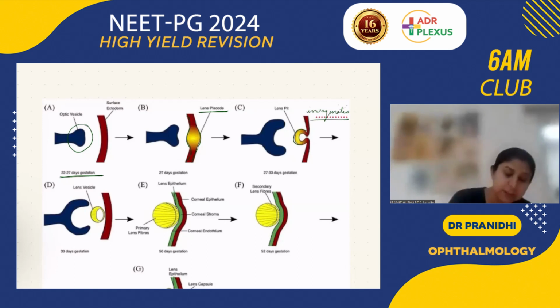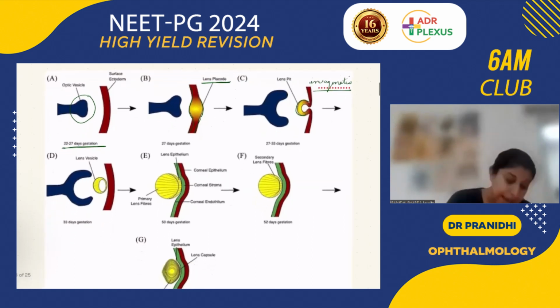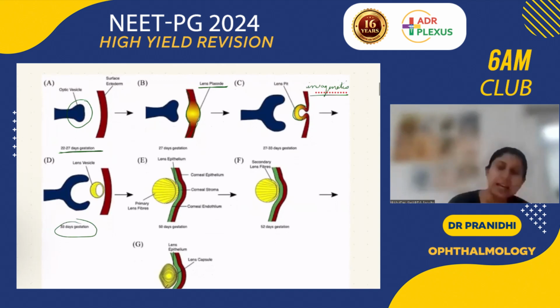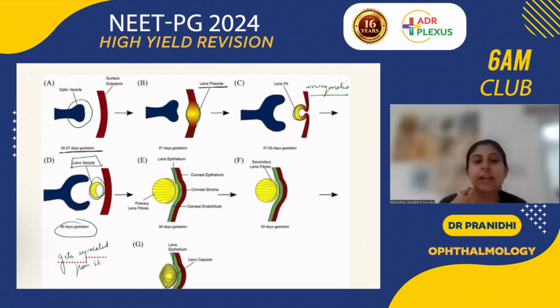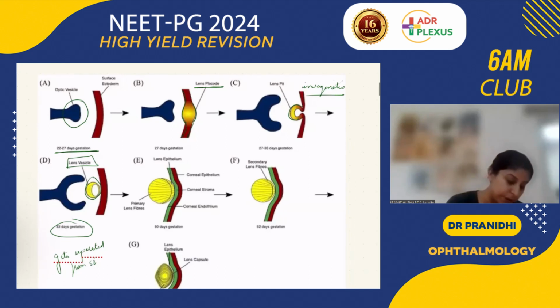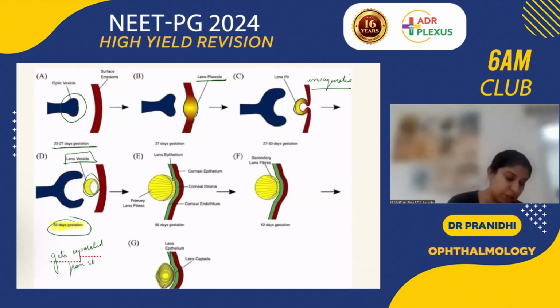At 33 days of gestation, this lens pit gets separated from the surface ectoderm and forms a lens vesicle. You must remember that at 33 days of gestation, this lens vesicle gets separated from the surface ectoderm.